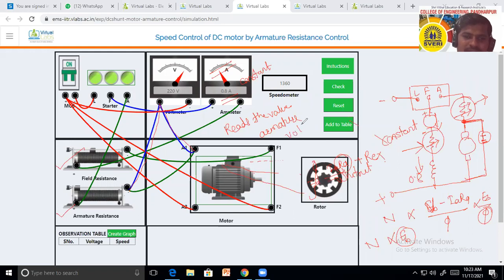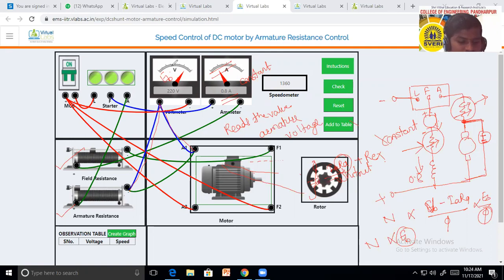Okay, armature voltage at normal running condition. See, EB is nearly equal to the supply voltage.